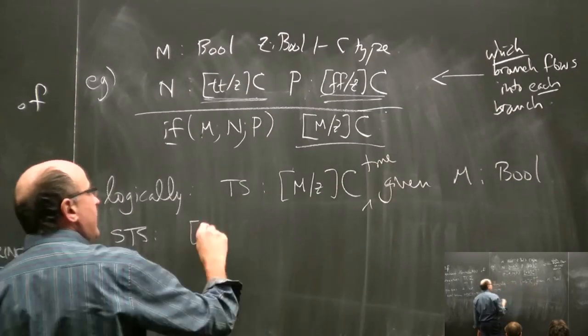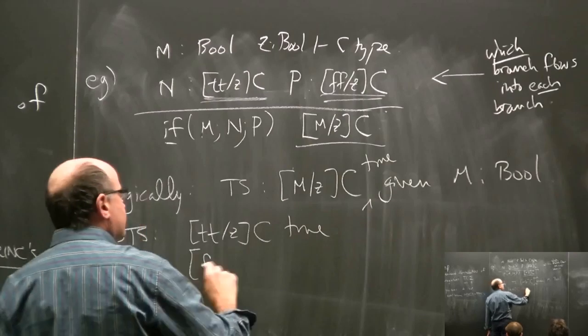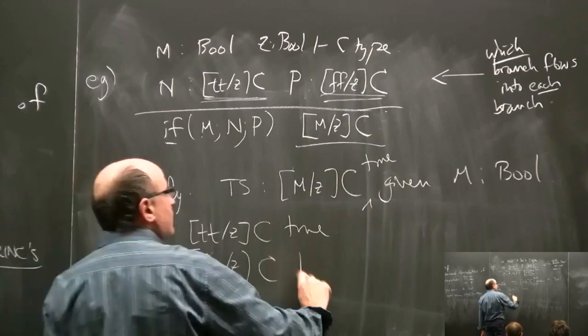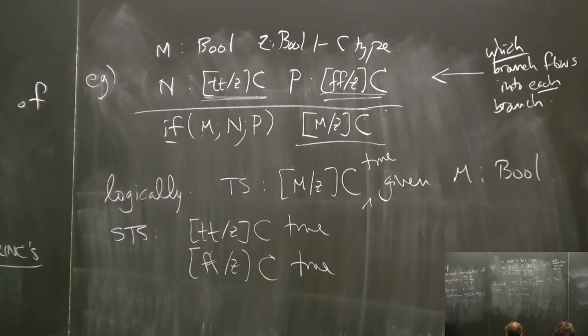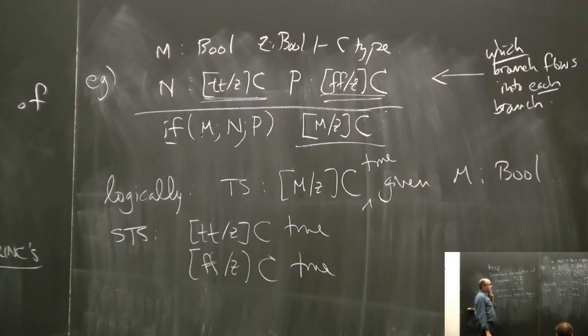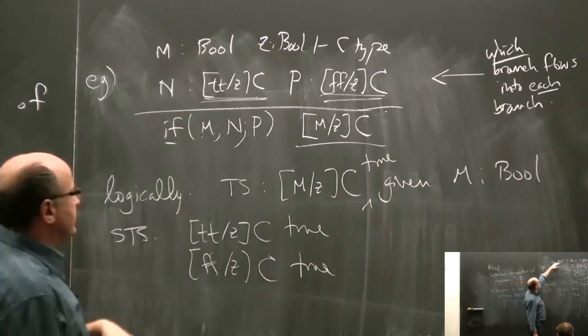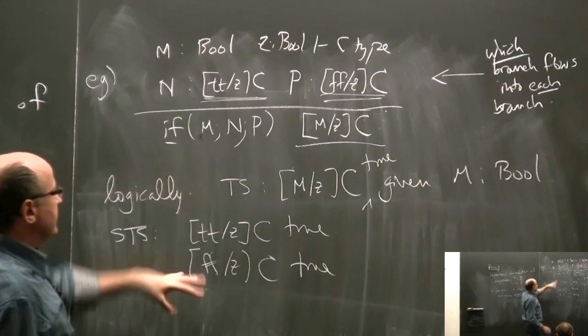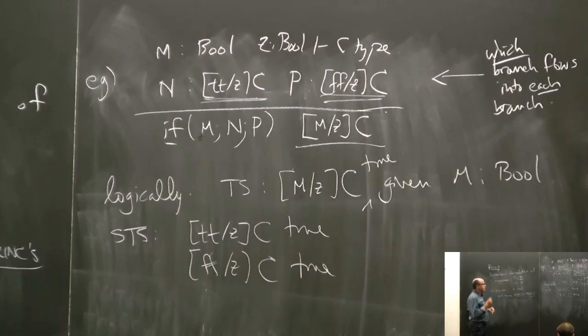It suffices to show that true for ZC is true, and that false for ZC is true. And then in that case, it's true in general, for whatever your M is, and who knows which one it is. So it's very clear that that's an induction principle, because that's what it's expressing. Of course, the induction for Booleans is kind of degenerate in a way because it's strictly a case analysis, but it's nevertheless an induction principle.